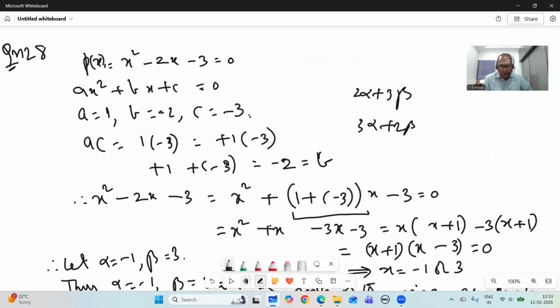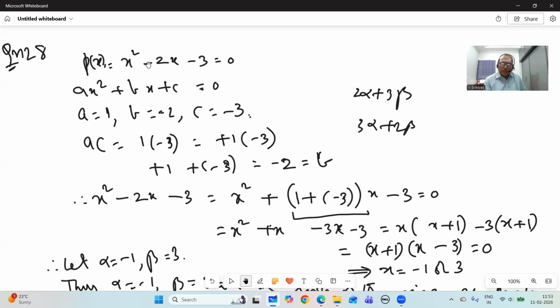So what we have done, for p of x equal to x square minus 2x minus 3, make it equal to 0 and solve this equation. We have factorized this. It is x minus 3 into x plus 1. The point is, you compare this with the standard quadratic polynomial.